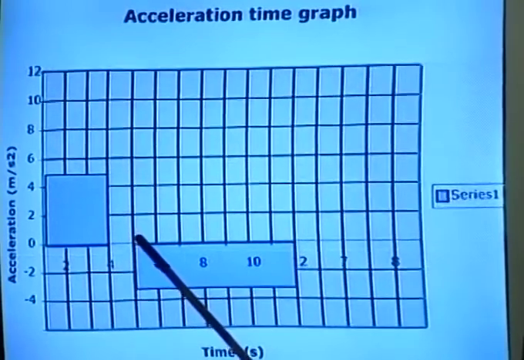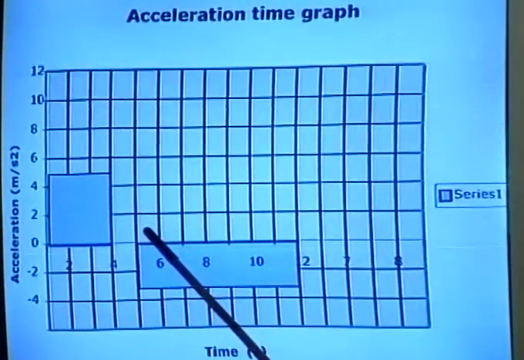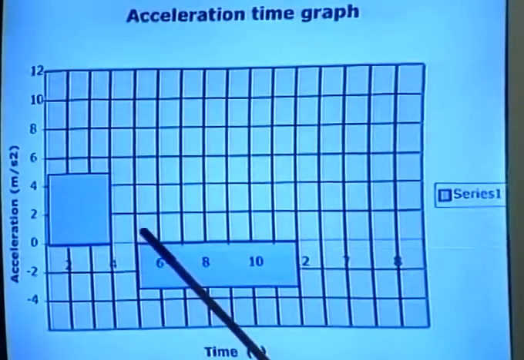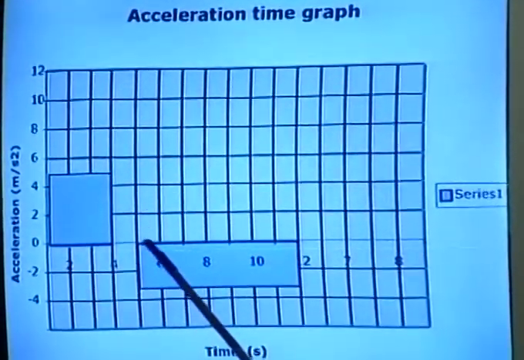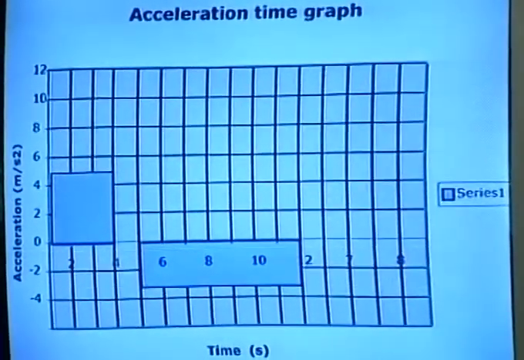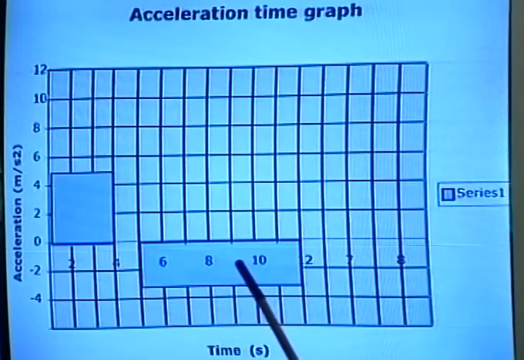So that shows you that the object was actually at rest, or probably it has a constant velocity. And in here you find that the acceleration was negative. So you can assume that the object is decelerating or retarding.